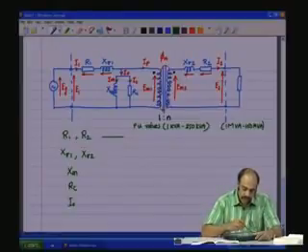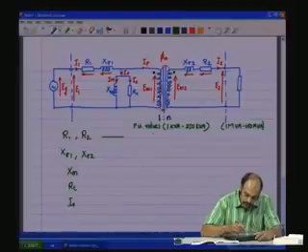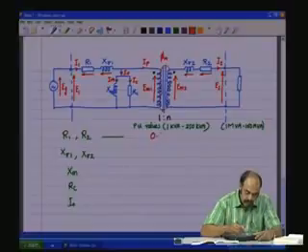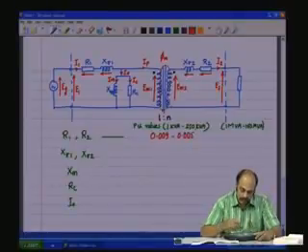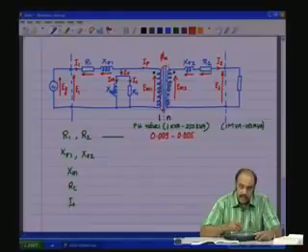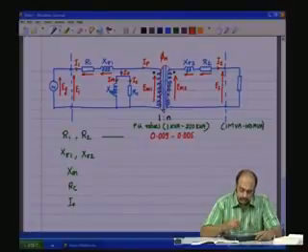So, for R1 and R2, the per unit values range from 0.009 to 0.005. That is, it is 0.009 at around 1 kVA, 0.005 at around 250 kVA, and one could do a linear interpolation for different other VAs in between.